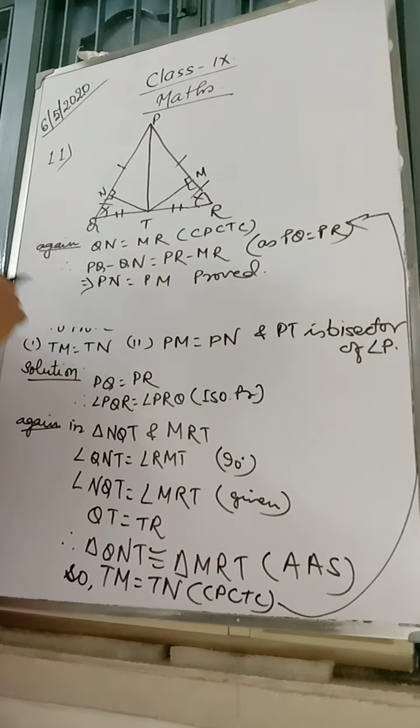So the triangles are congruent. Triangle PQT is congruent to triangle PTR, SAS condition. Now once the triangles are congruent, angle QPT is equal to angle RPT, CPCTC, this angle is equal to this angle, so PT bisects angle P. Proved.